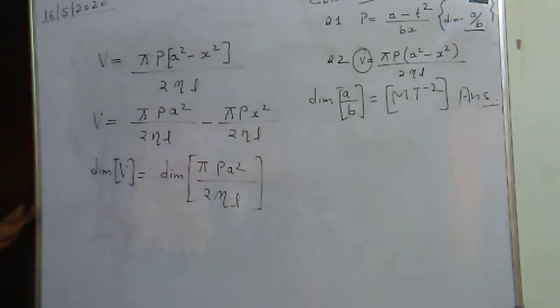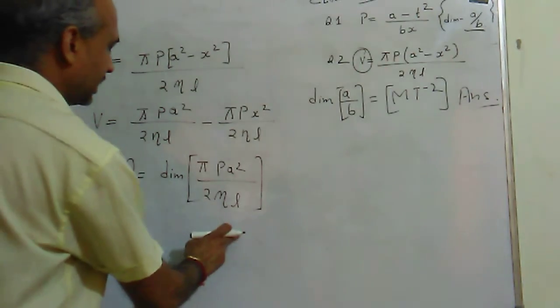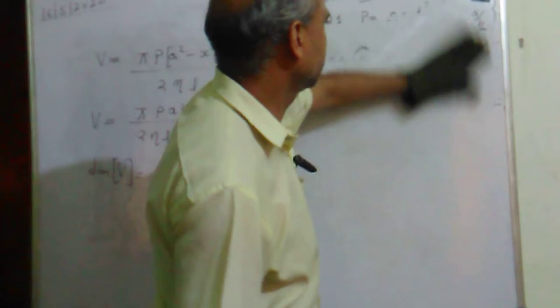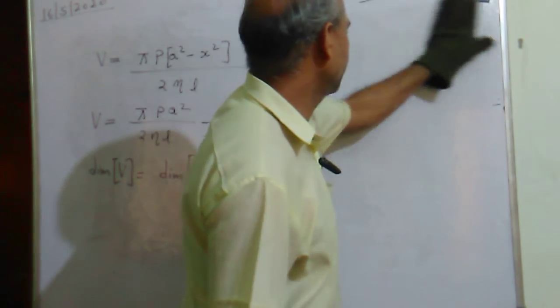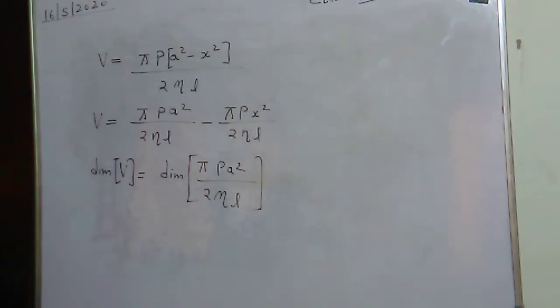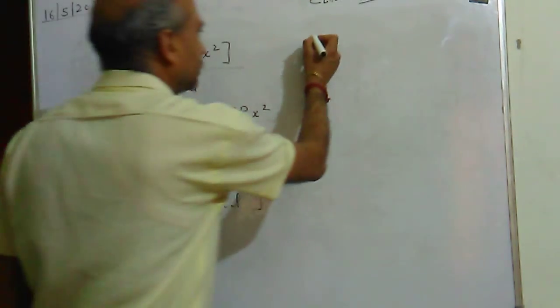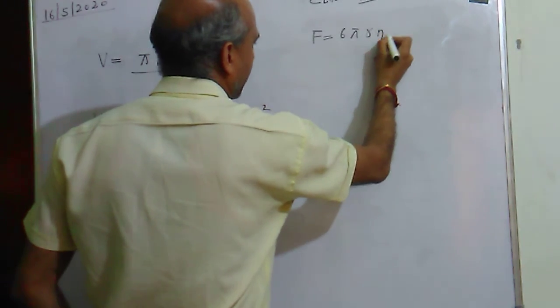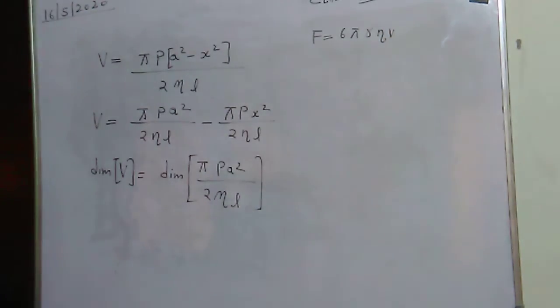After this, we don't have the dimension of eta. Eta is the coefficient of viscosity, L is the length, P is the pressure, A is the radius. So let us find the dimension of eta first, according to the formula. F equals 6 pi eta r v.